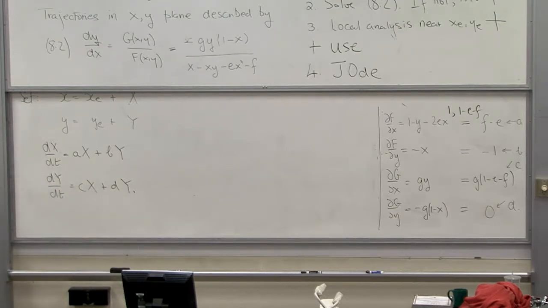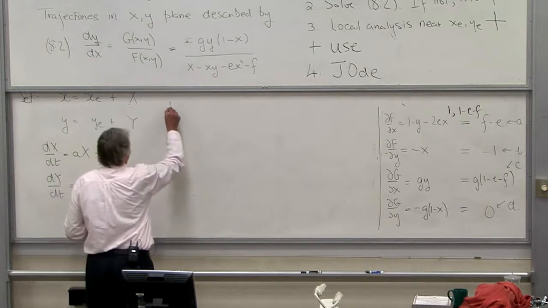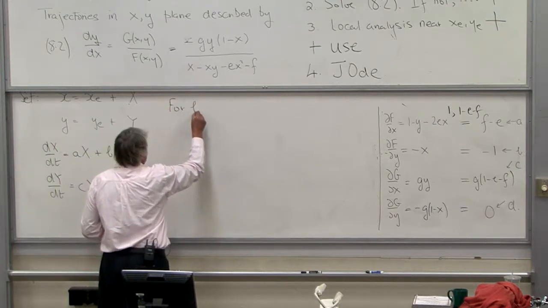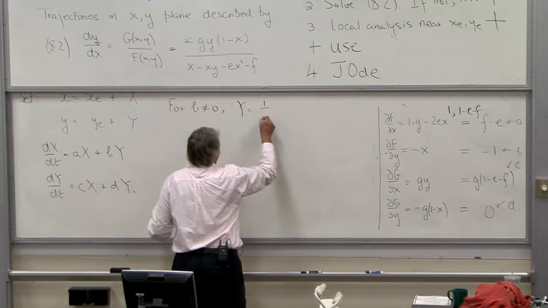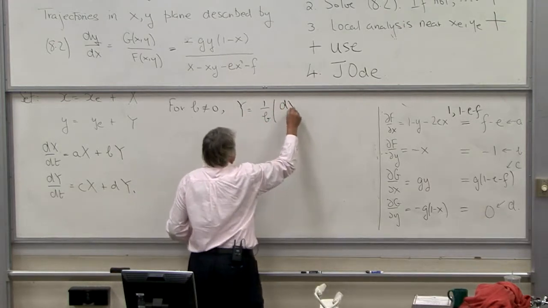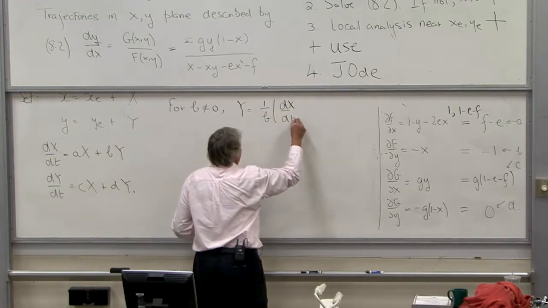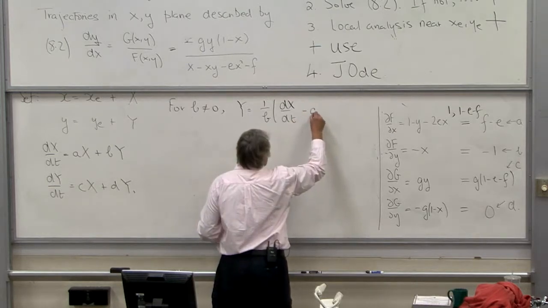So you can figure out what the system is doing exactly just from a and d in that case. Okay? In most cases, that's not going to happen. Let's assume that b isn't 0. For b not 0, I can solve for y is 1 over b dx by dt minus ax.